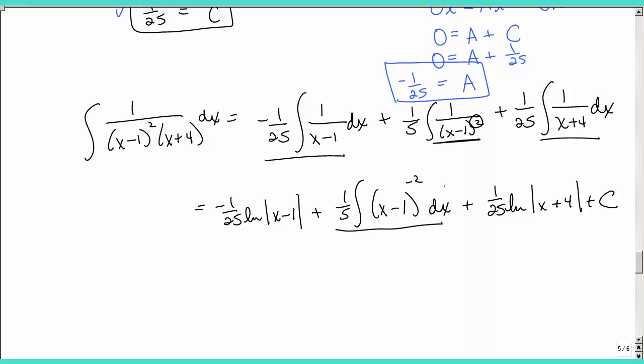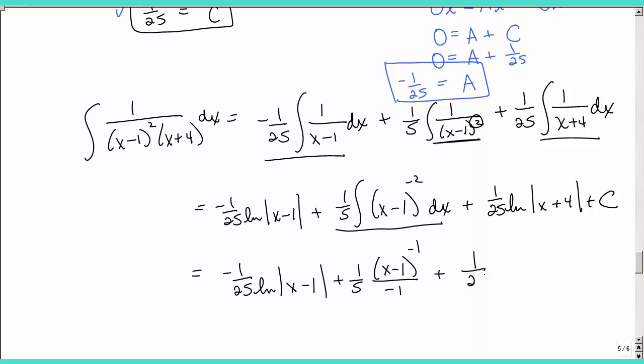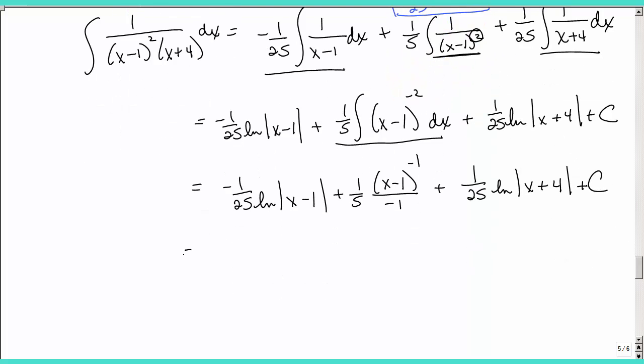Okay, so now here I have to use the power rule. So I'm going to have 1/5 times x minus 1 to the negative 1 divided by negative 1. And then I just have to clean that middle thing up because it's just ugly.